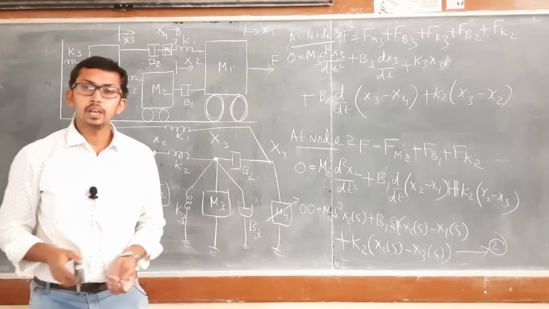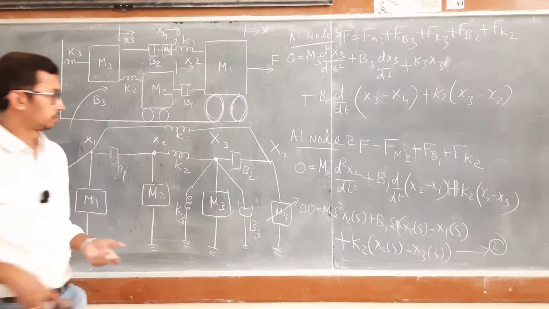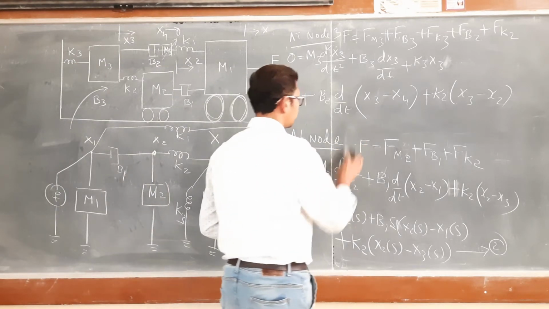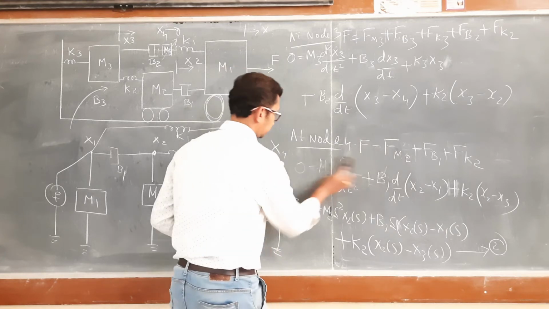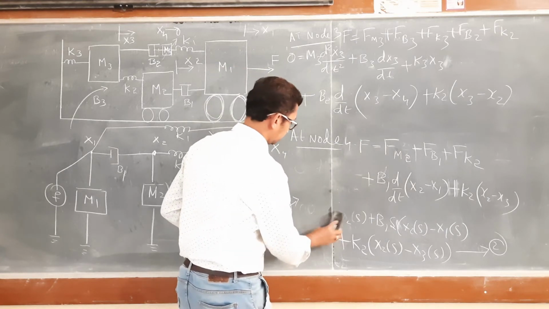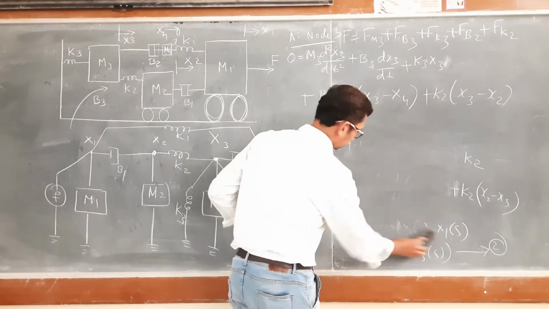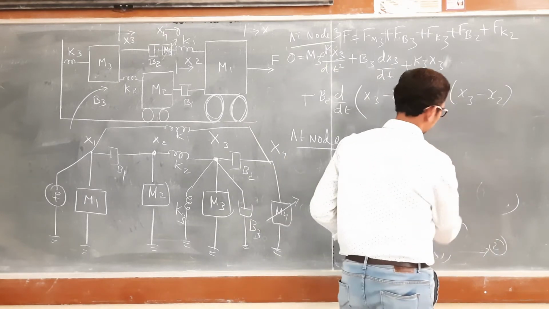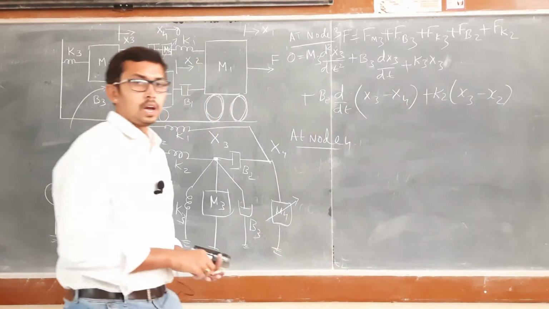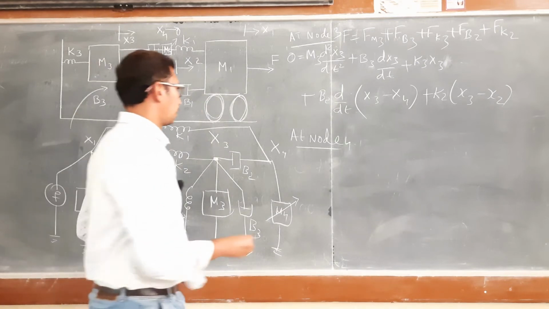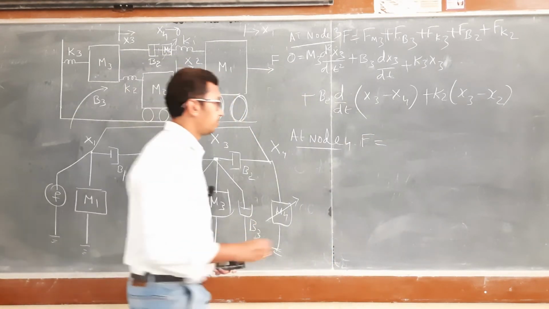Next, in the same way, I am going to write a differential equation for node number 4. At node number 4, applied force F is equal to what are the things we have?